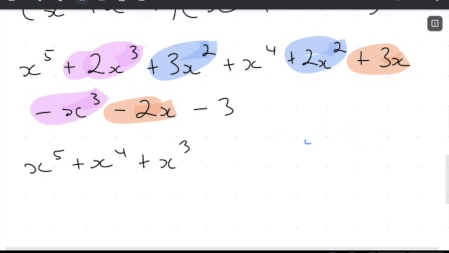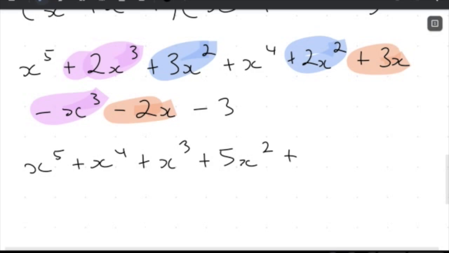Now I've done those. Now I need to simplify my ones in blue. So I've got 3x squared plus 2x squared. Once again, these are like terms. We can add the coefficients. So this is going to give me 5x squared altogether. Okay, and now I've got positive 3x minus 2x.